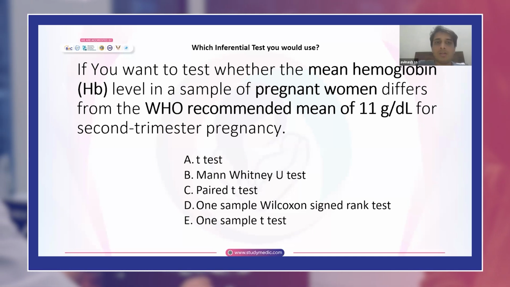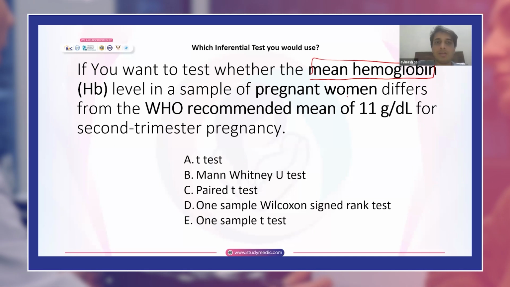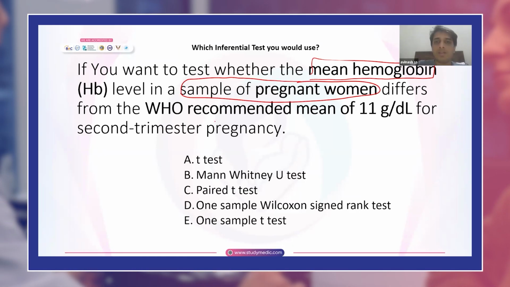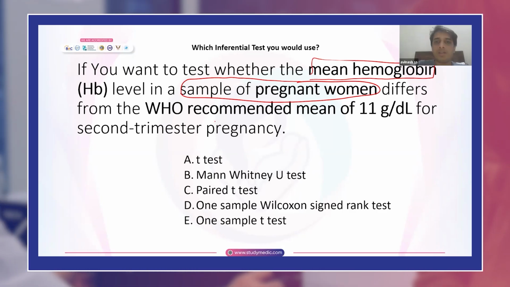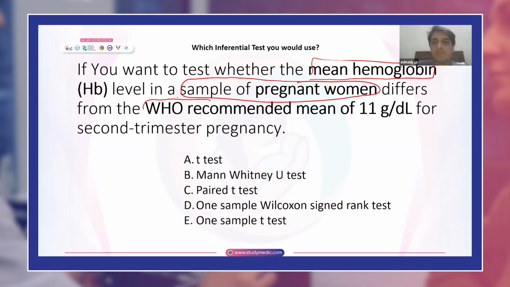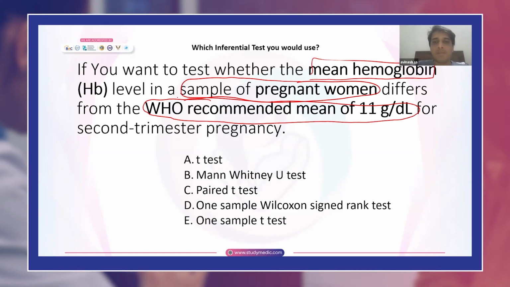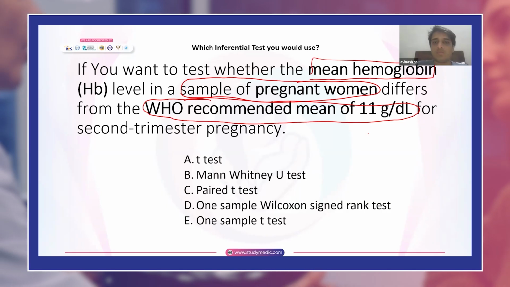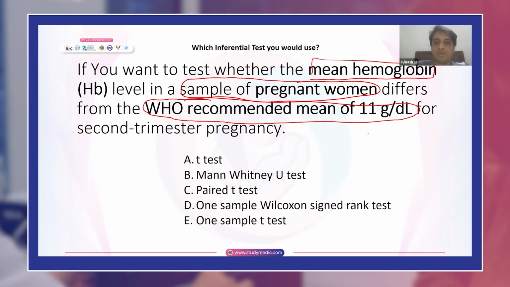You are taking only one particular sample, and checking whether the mean hemoglobin from the sample of pregnant women differs from the WHO recommended mean. That means one sample is taken and we are comparing it with the known value. The mean of the continuous variable is compared with the known value.